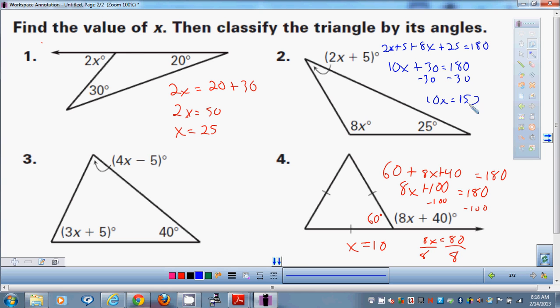I'll give you a second to catch up. Divide by 10. Madison, what's that going to be when we divide it by 10? Very good. And x is going to be 15.